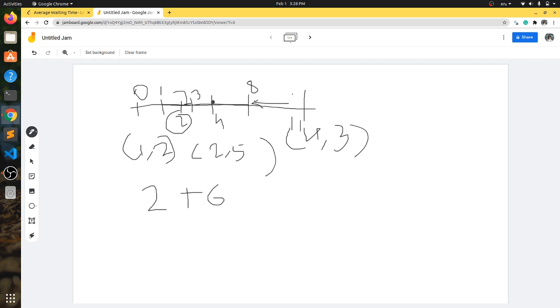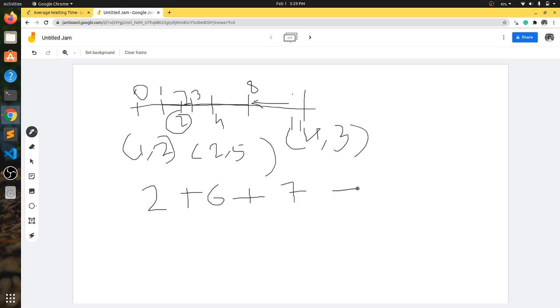The third customer arrived at the 4th minute, and his food is served at the 11th minute, so his waiting time is 11 minus 4, that is 7 minutes.